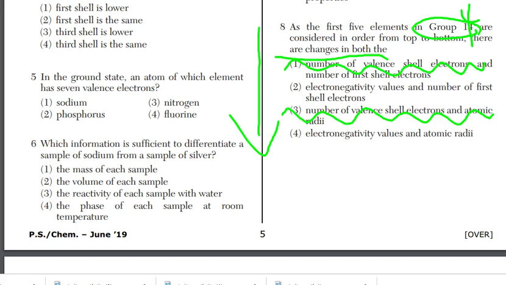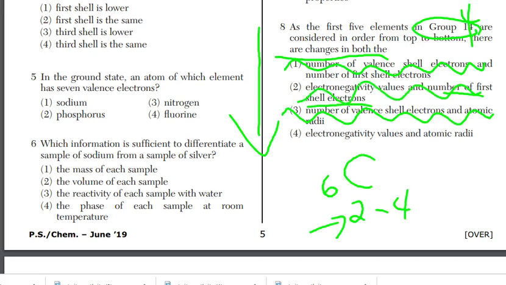And the number of first shell electrons. Well, that's not changing because by the time we get to the first element in group 14, which is carbon, carbon's element 6, the electron configuration is 2-4. So all the elements in group 14 start with 2 electrons closest to the nucleus. So the answer can't be choice 2 either.